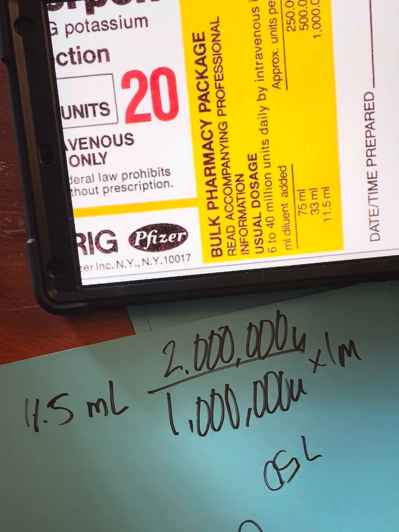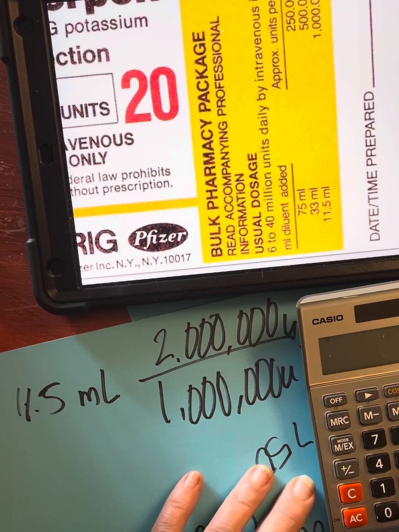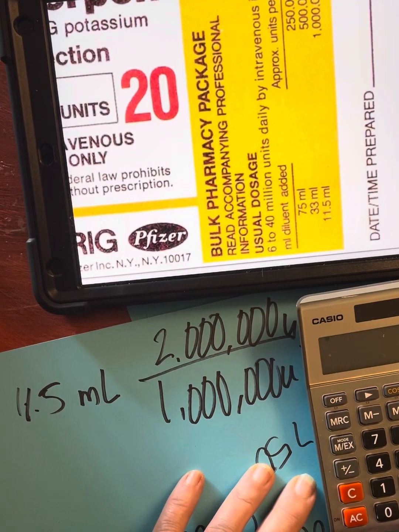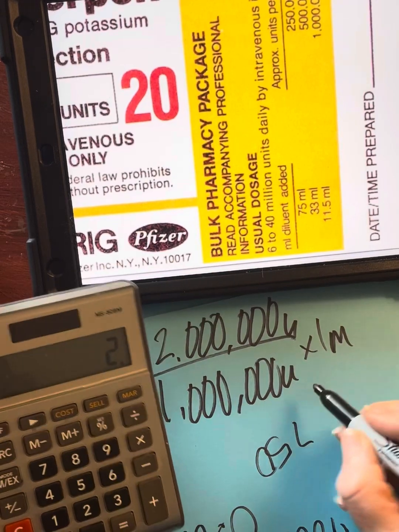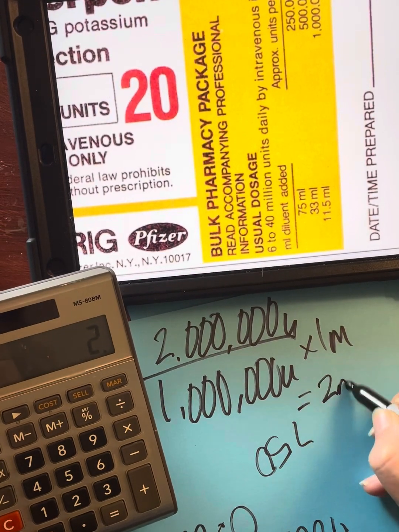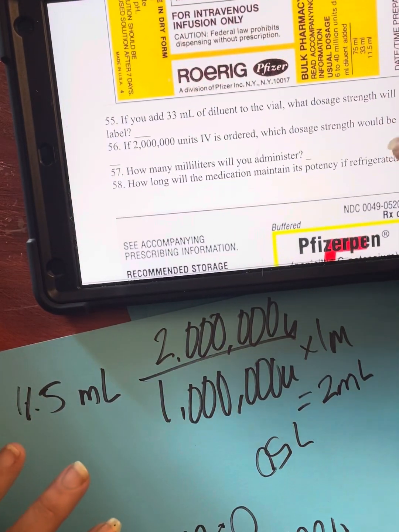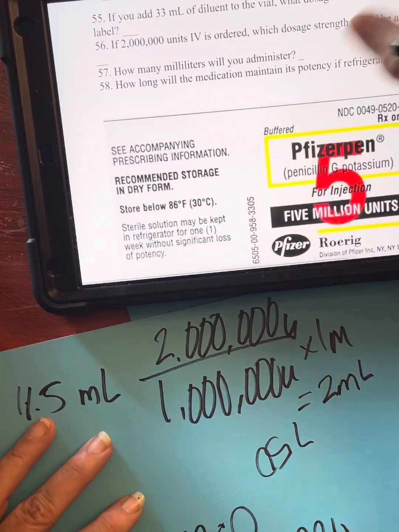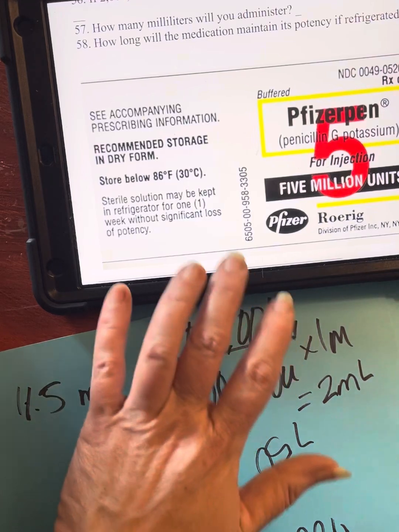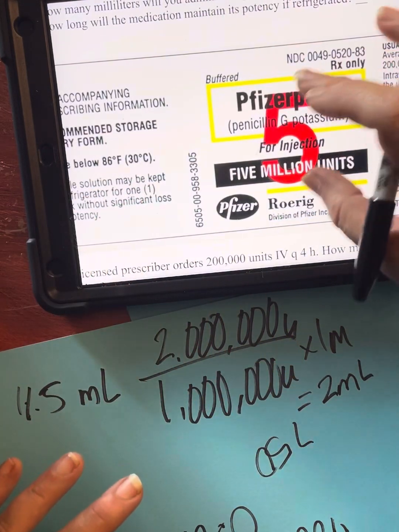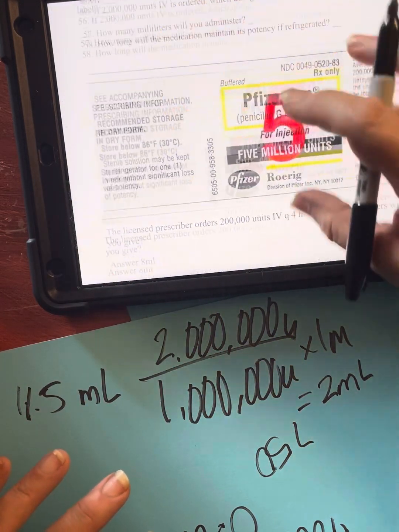And then, you know, it's going to be 2 divided by 1 equals 2. We're going to give them 2 mLs of it. And I'm not sure where the answers went, but you're going to have to trust me. Here's another one. Okay, I do have the answer.